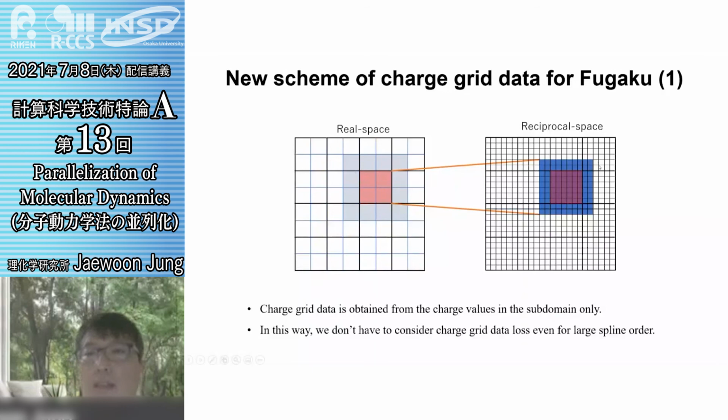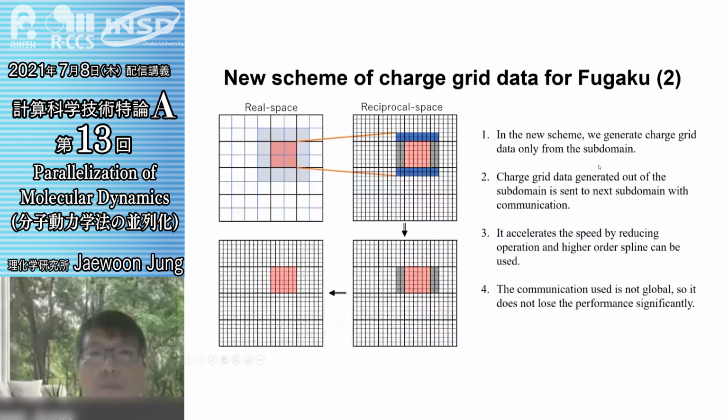And after that, if we generate this one, we send the information of this one to the lower processor and send this one to the upper processor. And we have grid data in this way. And finally, by just local communication, we have the final charge grid data.